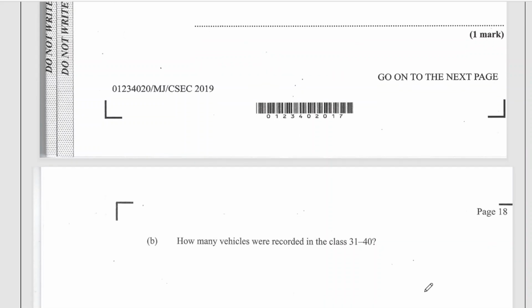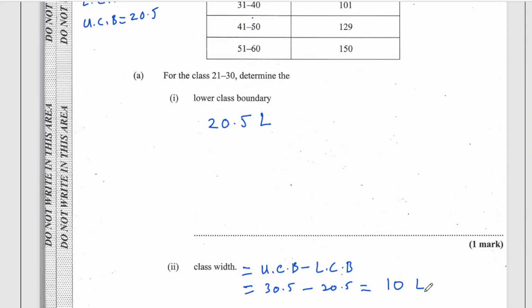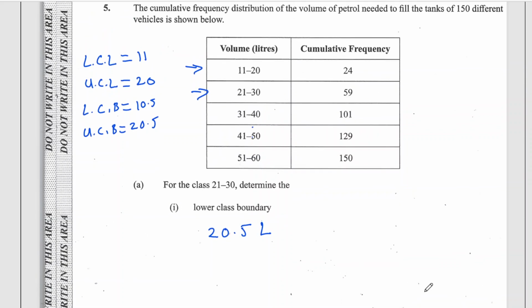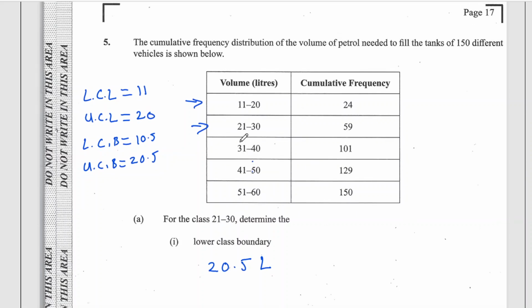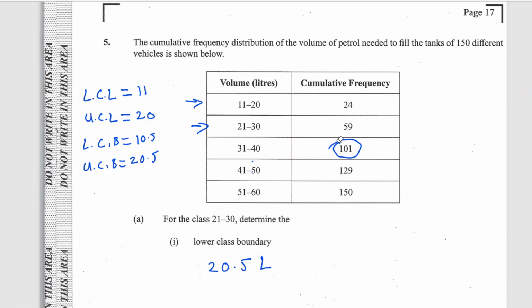Let's see what's next. How many vehicles were recorded in the class 31 to 40? So we go back to the table. They want to know how many vehicles are in this class, 31 to 40. Do you all think it's 101? Justin, do you think it's 101?